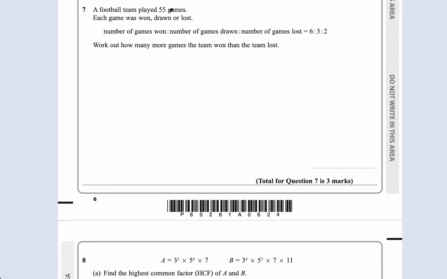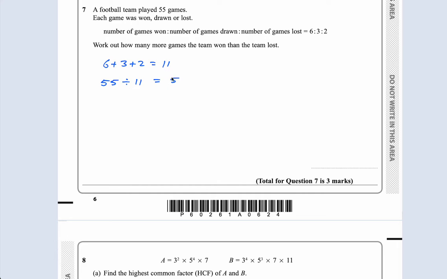We're going to divide 55 in the ratio 6 to 3 to 2. How do we do that? First step, add the ratios. 6 plus 3 plus 2 is 11. So now we're going to break 55 into 11 parts. So I do 55 divided by 11 and I get 5.